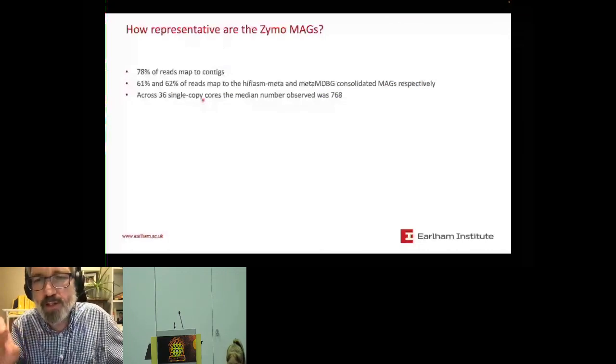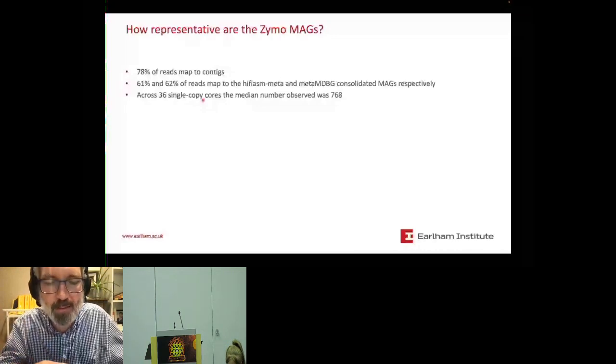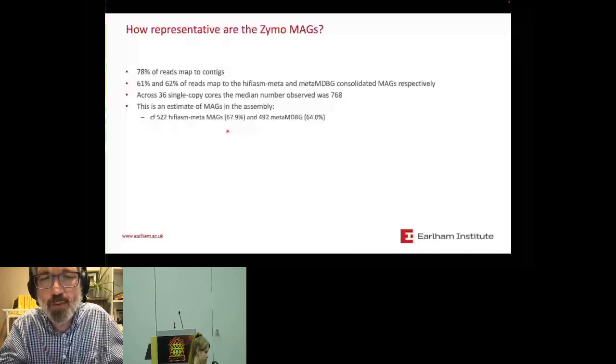If we take each of those single copy core genes and see how many different versions we observe and compute the median across our collection, that's an actual estimate of the total diversity in the assembly, which came out at about 750. Comparing that to the number of MAGs obtained, it's a similar sort of number. So it looks like we're getting between 65 to 70% of the community from a single sample as high quality MAGs, which is really dramatic.